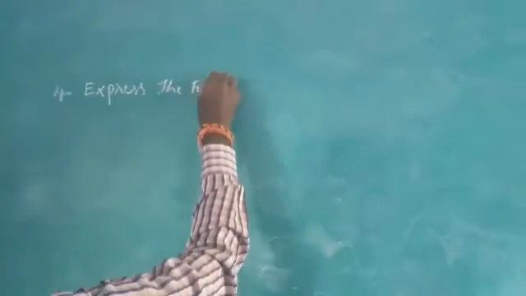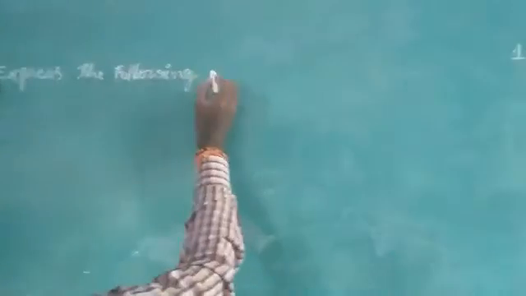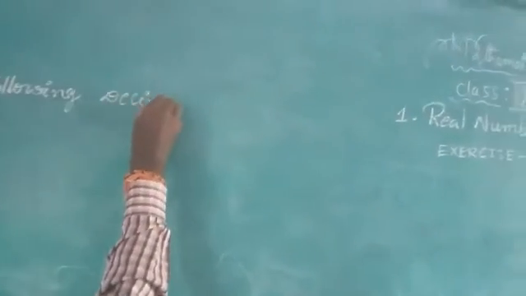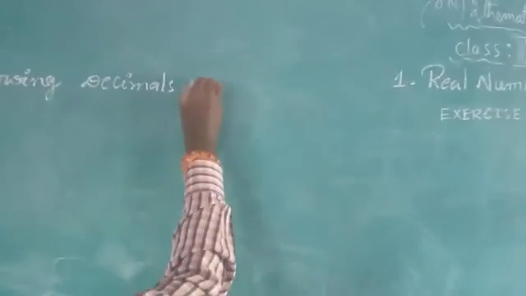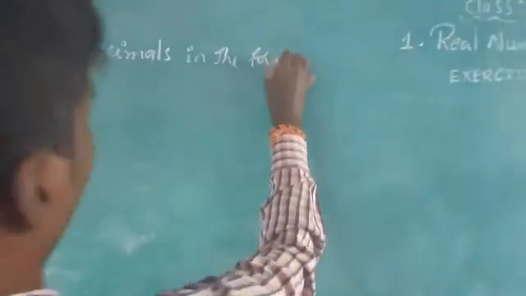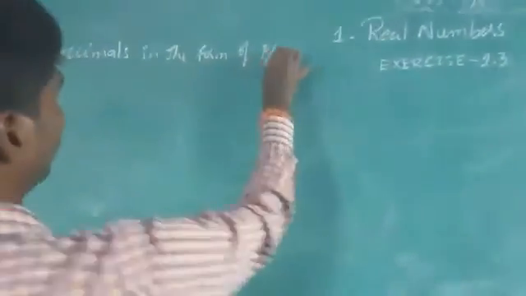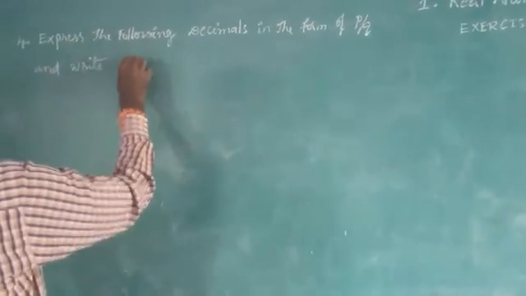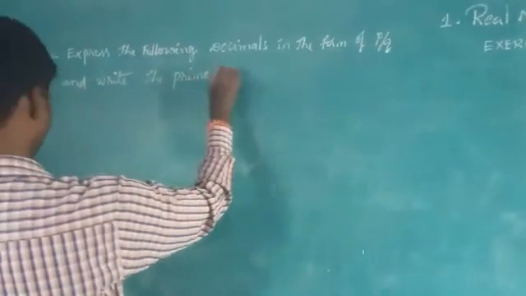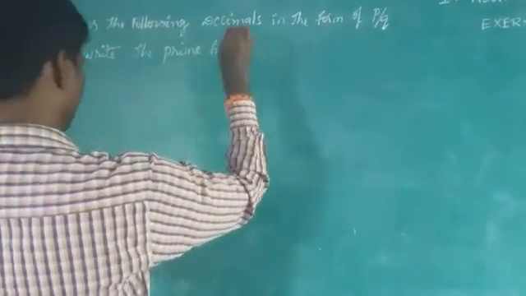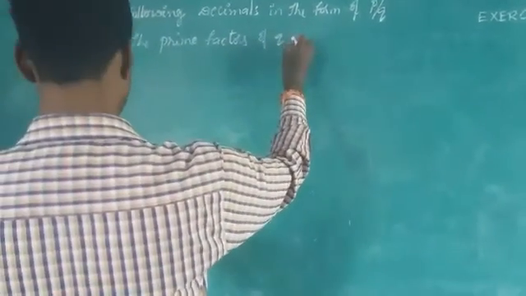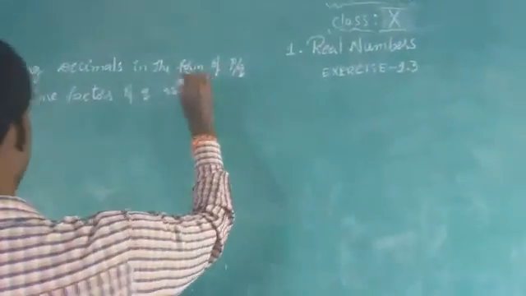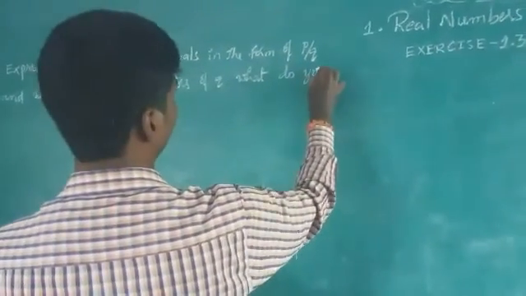Express the following decimals in the form of P by Q and write the prime factors of Q. What do you observe?